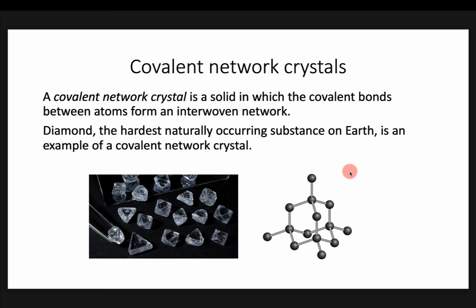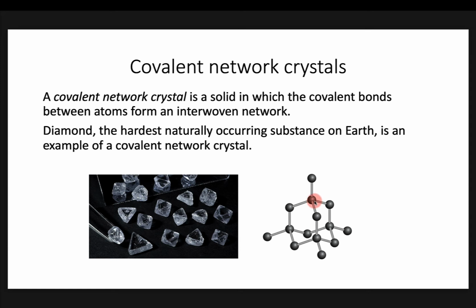So in a diamond crystal, you can see that we have carbon atoms bonding together to form a tetrahedral shaped crystal. And so that is why natural diamond crystals have a tetrahedral shape. This image shows just some natural diamonds. And they take on this shape because of the way that the carbon atoms are bonded together.